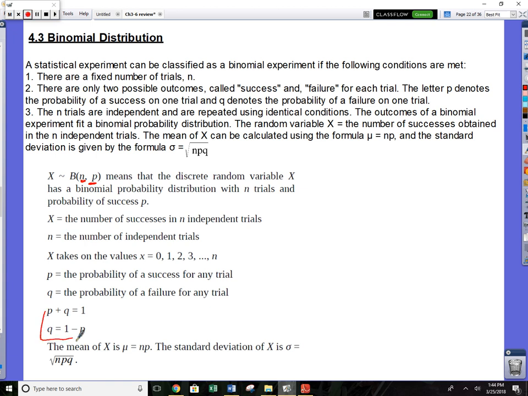Q and P add to 1. The average is just N times P. So that's pretty much the same thing as the expected value. You just take how many times you're doing it times the probability. And the standard deviation is the square root of N times P times Q.